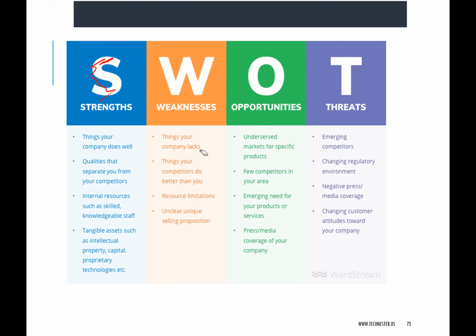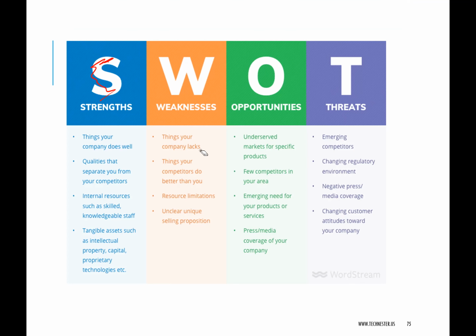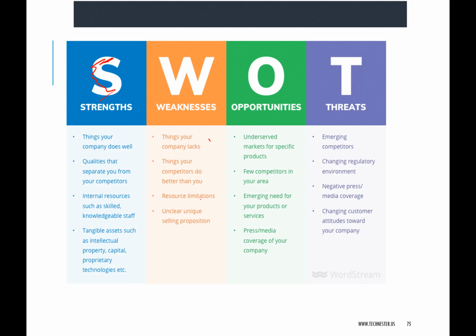What are our limitations in terms of resources? What is unclear about our USP, about our unique selling proposition? What's not clear about our vision, about our objective, about our goal? Those are weaknesses, and there can be many more.